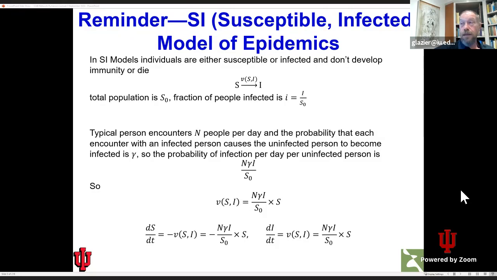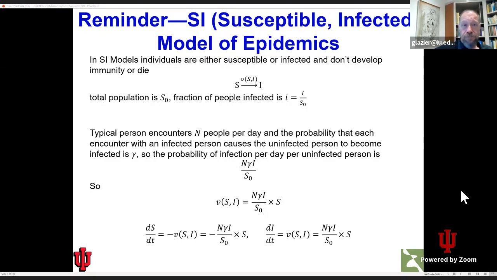We wrote down a probability of becoming infected per encounter with somebody else, which was gamma times the probability that the person you were encountering was infected. And we said that there were n encounters per day. And really, if I'm going to do that properly, I should use a Poisson relationship, but I didn't. I'm assuming it's small. And that product n gamma, which I've broken out separately, is often called beta in the literature.